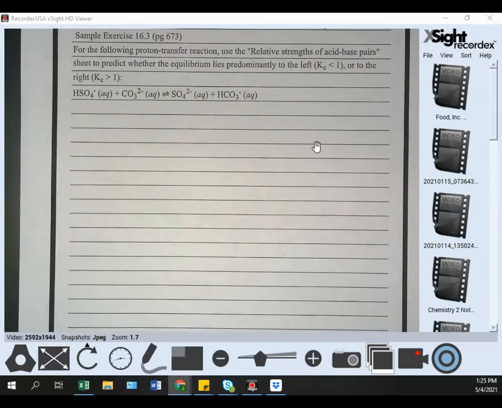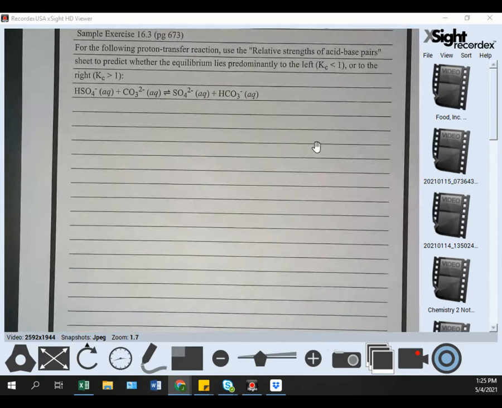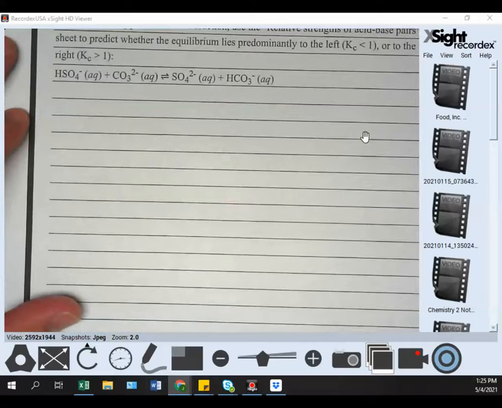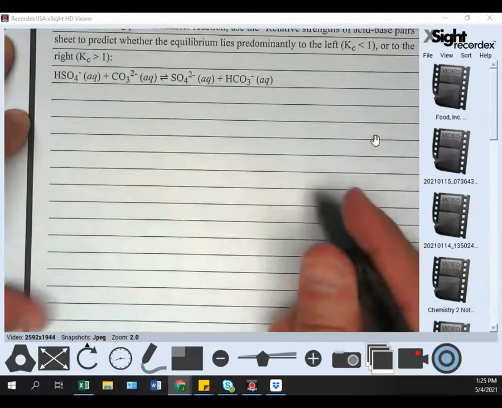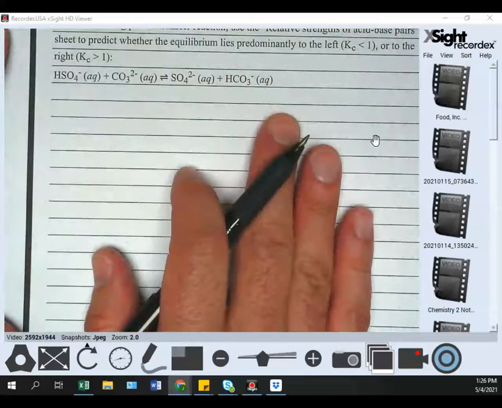All right, let's take a look real quick at this one. We're going to use our relative strength sheet to predict the shift. When they give us just the equation, we have to figure out what the conjugate acid and the conjugate base are, or the acid and the conjugate base, and the base and the conjugate acid.